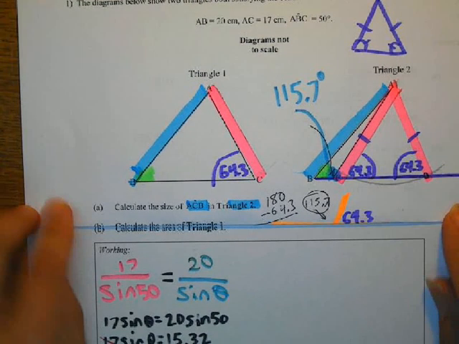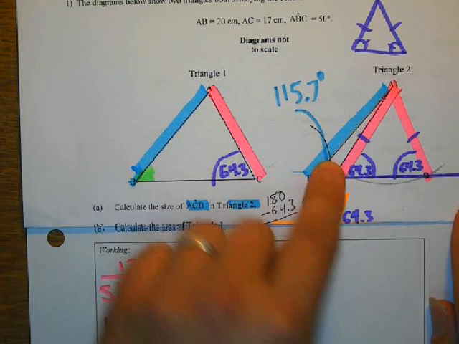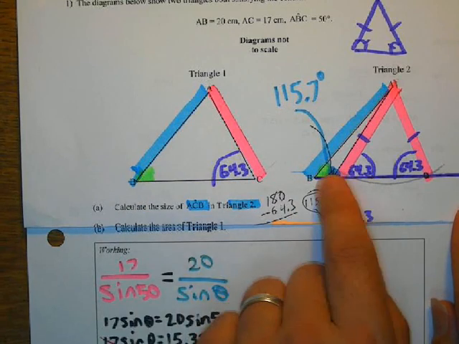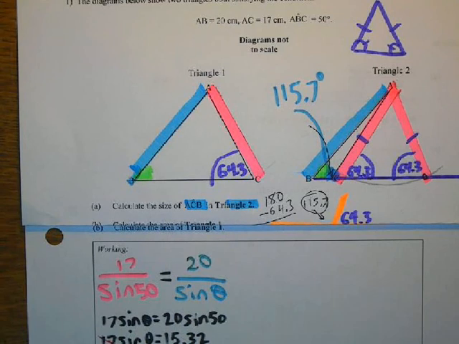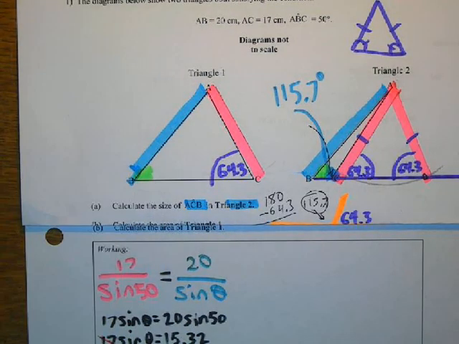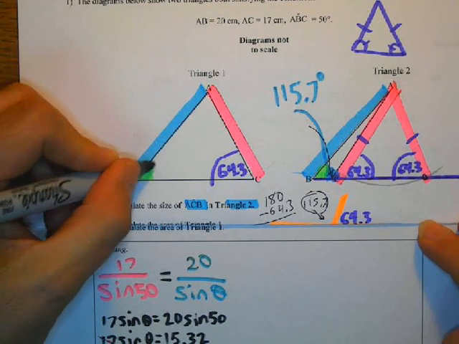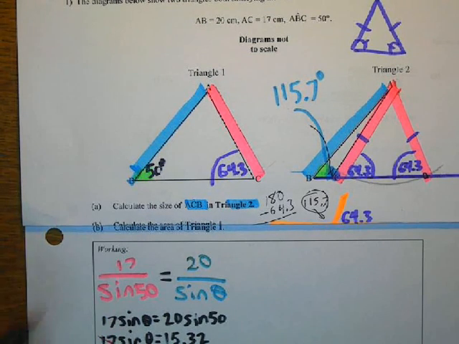So now that we know this angle is 115.7, because those two make a linear pair, I can find the area of triangle 1. This is triangle 1. We know this is 50, and we know that's 64.3, so we need this angle here.